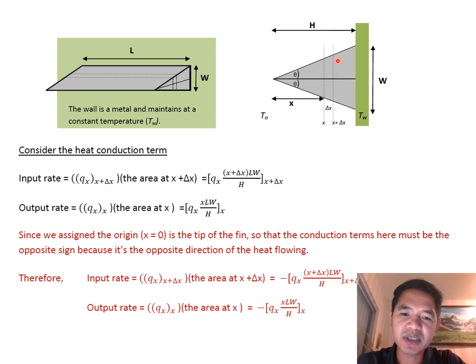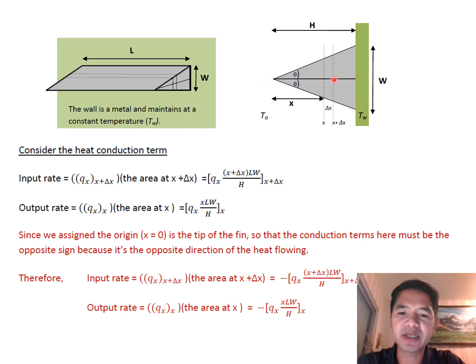When you think about the conduction term, you have to think about the area that the heat is flowing through. There are two cross-section areas: the one at x plus delta x and the one at x. The cross-section at x plus delta x is the input, because heat flows from T_W toward the tip.